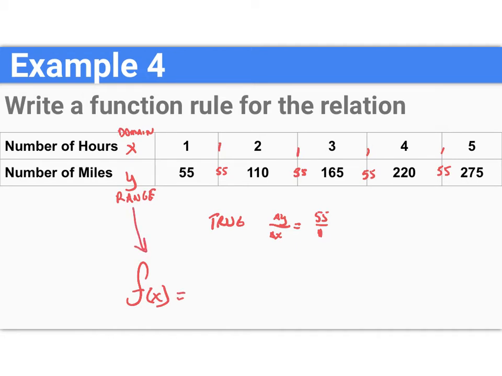So f of x equals 55, your rate of change, 55 in y divided by 1 change in x, and that multiplies to x. So when you have a function, you use any letter here, it doesn't matter, but it must be the variable that you're using. And that's what makes a function different than a regular equation, y equals 55x.